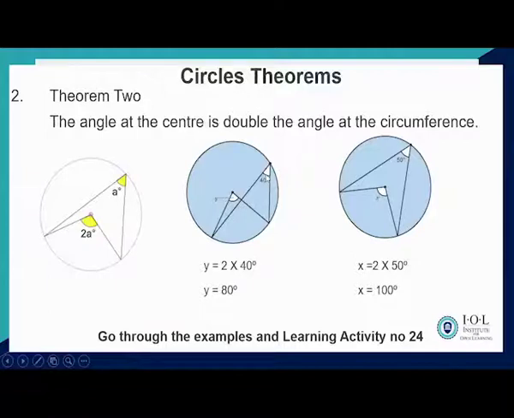So that's the angle at the circumference, so I have to times it by 2 to get the angle at the center, which is then the value of y. In the next one, I give you the 50 there, and you have to multiply the 50 by 2 to get the 100 angle at the center. If I give you the angle at the center, you have to divide by 2 to get the angle at the circumference. You have to always work your theorem both ways, from the one to the other and from the other back to the one.